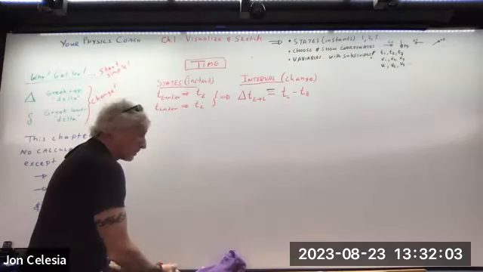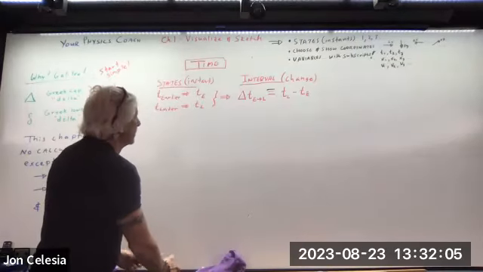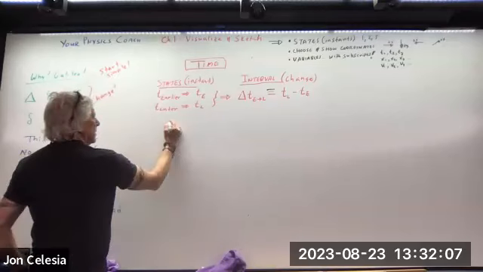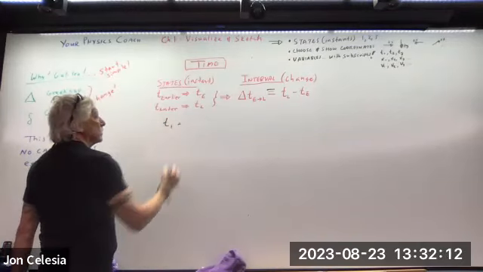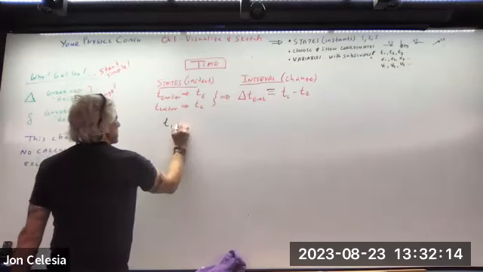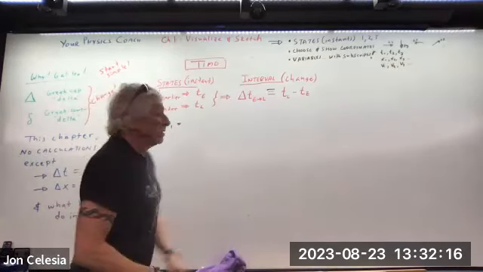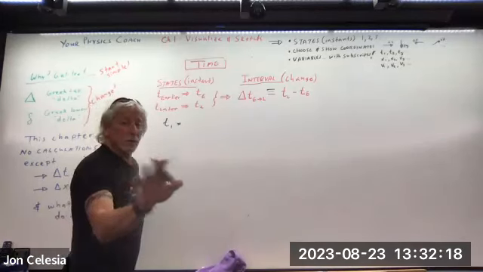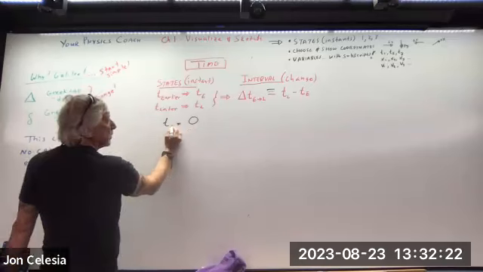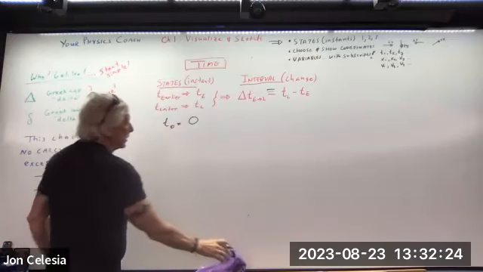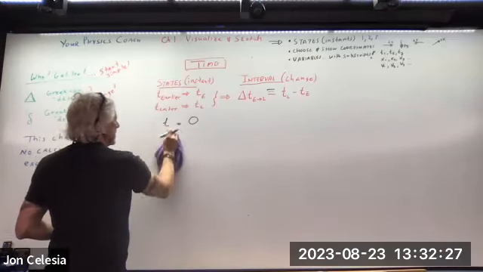Let's try some examples. Let me put the specific examples in black. t1 equals, let's be easy about it. Don't worry about significant figures until chapter 2. So t1, let's call that 0. Now, some people will use t0. I don't like that because that is a state.